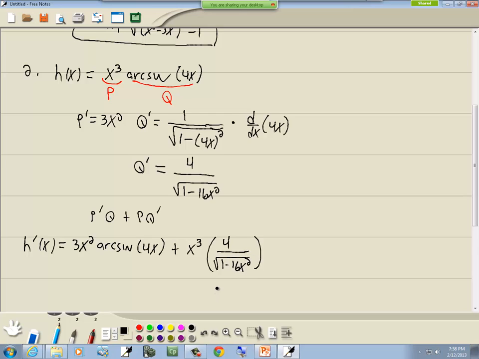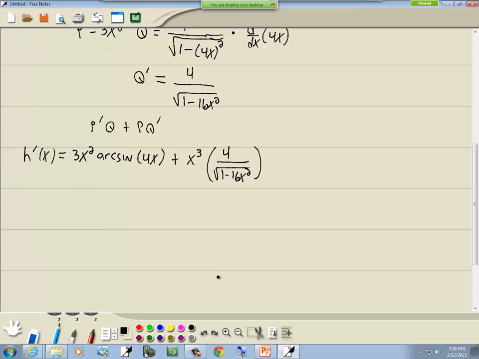Now we'll do a little bit of simplifying here. I can factor out what they have in common. When I say what they have in common, this is considered one group because everything's multiplication. 3 times x squared times arc sine. And this is considered one group because we've got x to the third times whatever's inside of parentheses here.